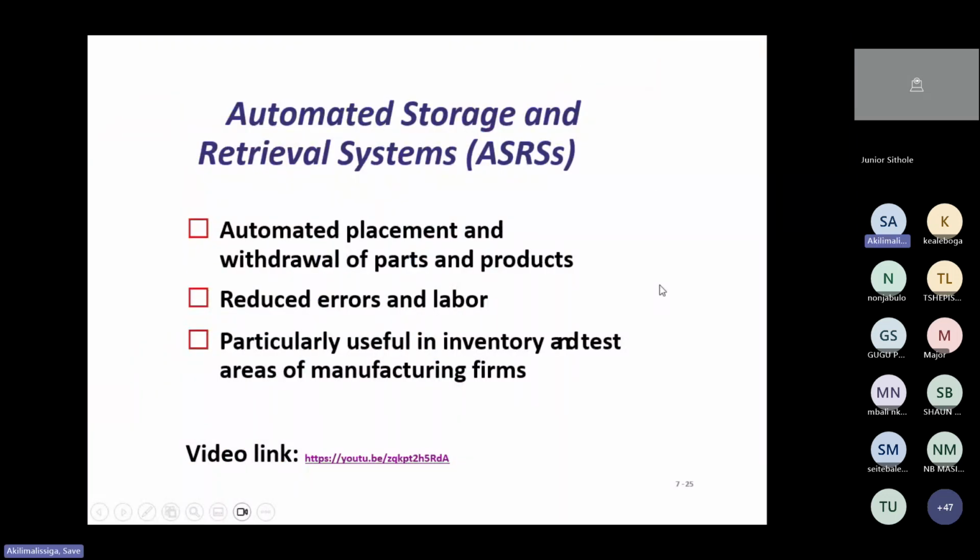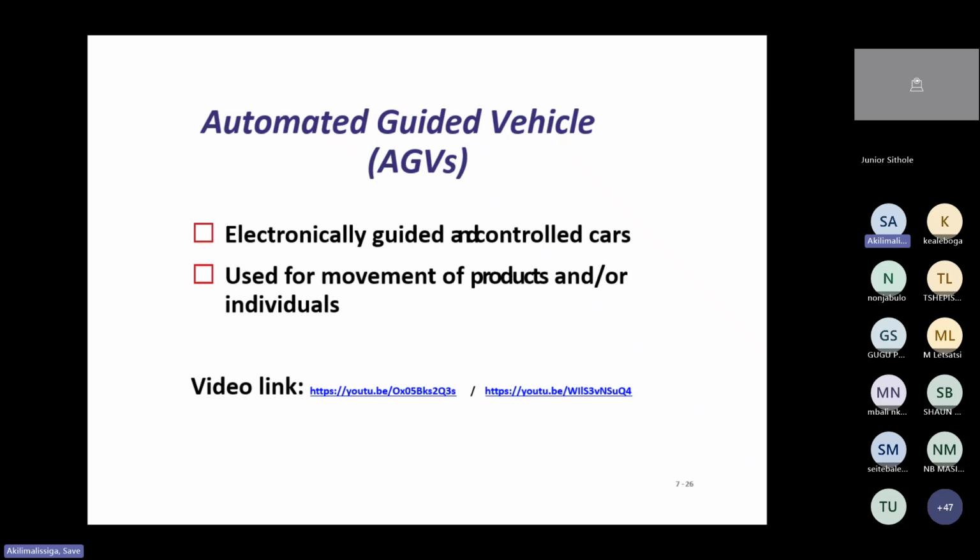Good. So yeah, that is what the automated storage and retrieval system is. Now, automated guided vehicles are electronically guided and controlled cars used for the movement of products or individuals.